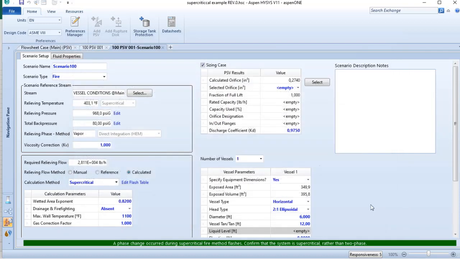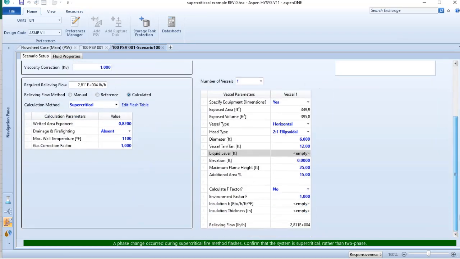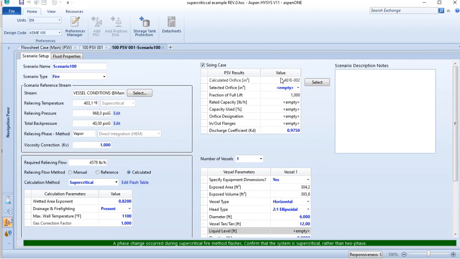If I close this window and adjust the environment factor and the additional area to 0, we get the same exposed area, and set the drainage and firefighting for present, we get basically the same results that we have in the paper and in the spreadsheet.